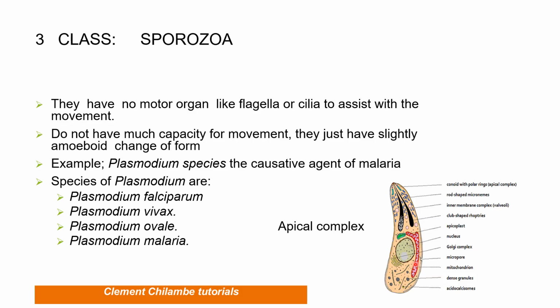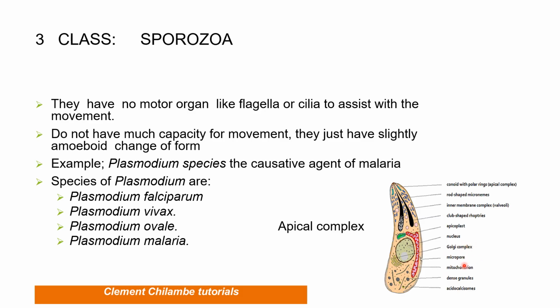Look at this. This is just a picture depicting the sporozoa itself, the apical complex, right? Look at these parts. You can see the organelles there. Of course, it's got some of the common organelles that we know, including the mitochondrion.